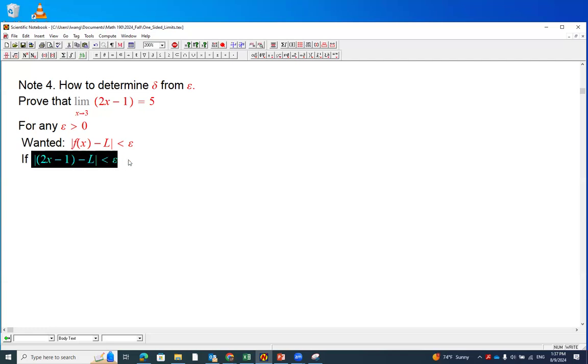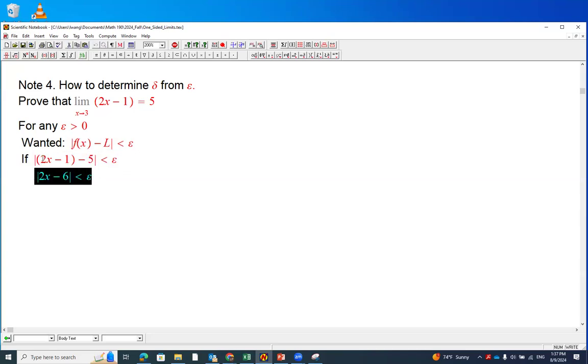And if this is true, I will get, of course, I'm going to put the limit there, 5. So simplify this, I'm going to get 2x minus 6. So if this is true, then this is true.